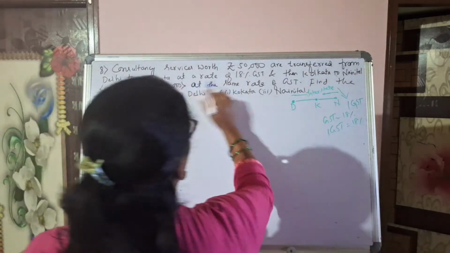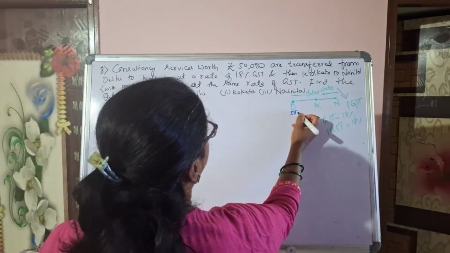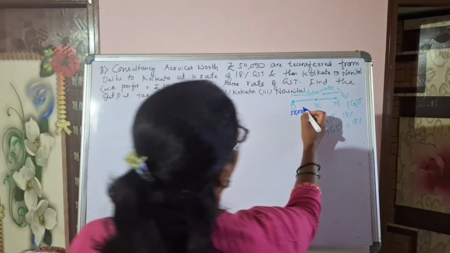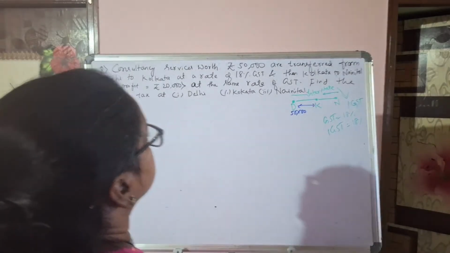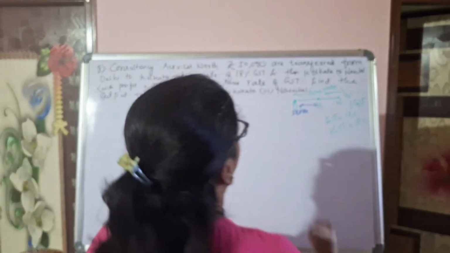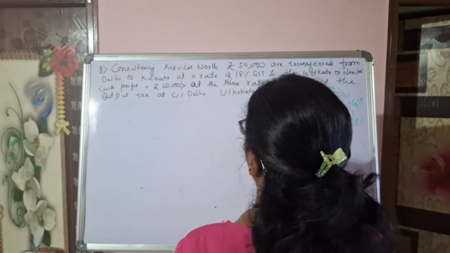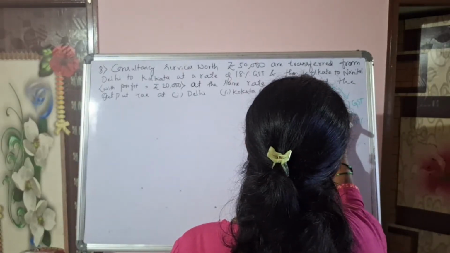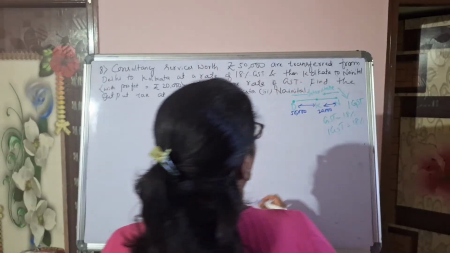In the first part of the question, consultancy services worth rupees 50,000 are transferred from Delhi to Kolkata. And again from Kolkata to Nainital with a profit of 20,000.